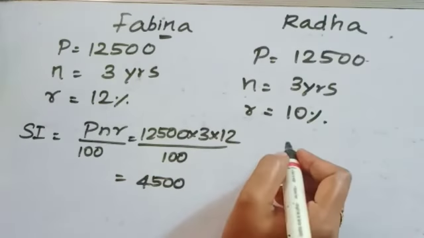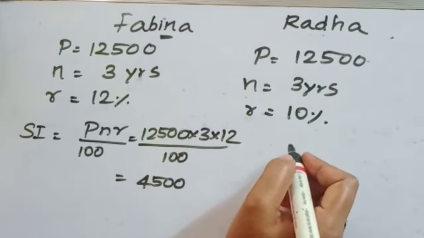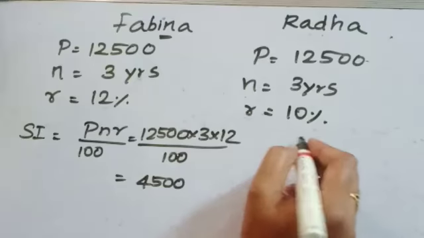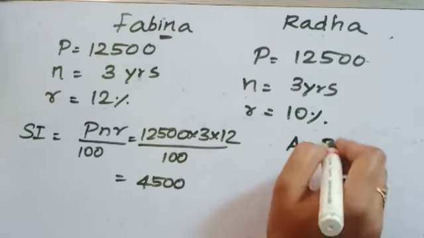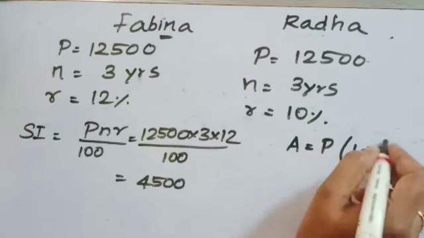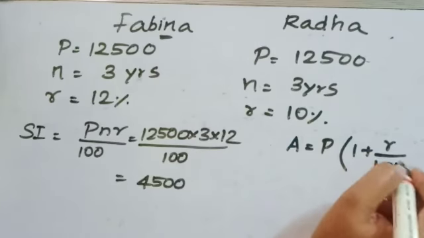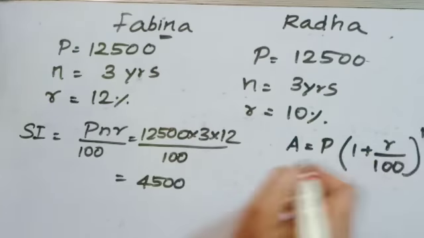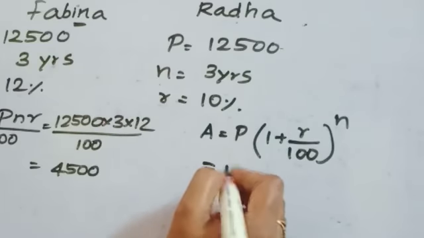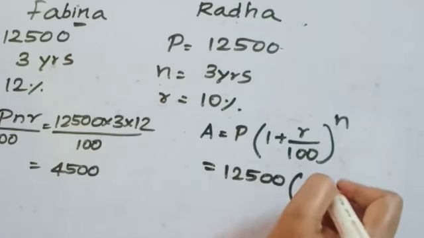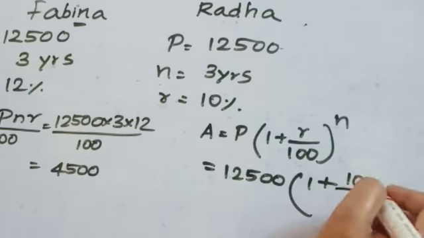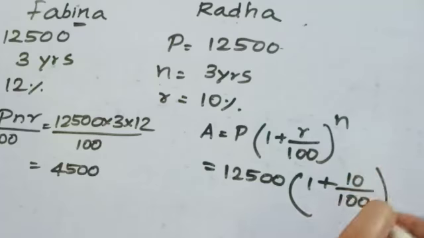Now if you want to calculate it for compound interest, we need to find the amount first by using the formula P into 1 plus R by 100 the whole power n. So it is 12,500 into 1 plus 10 by 100 the whole power 3.